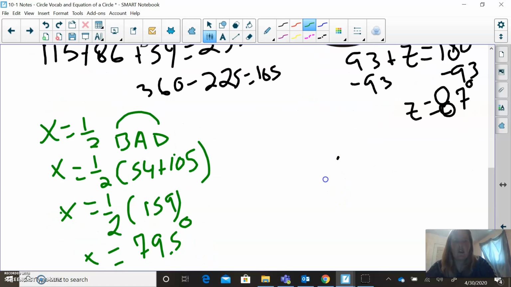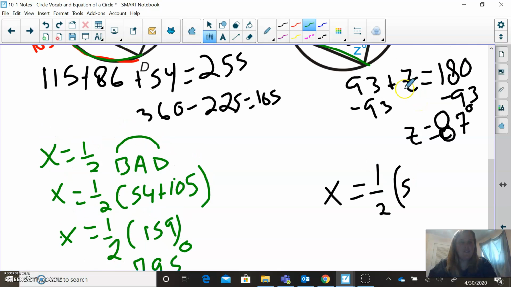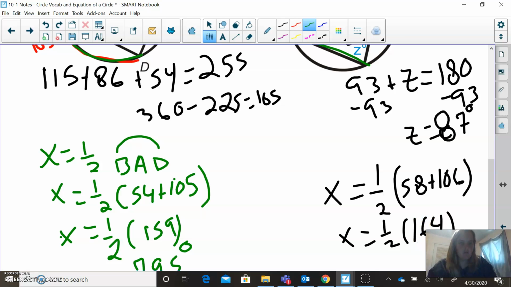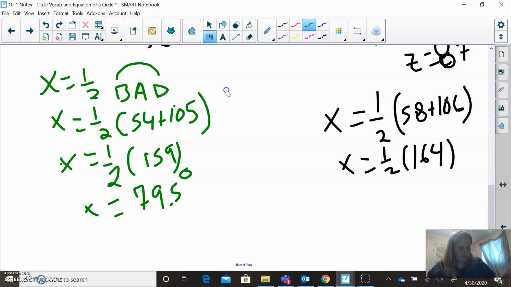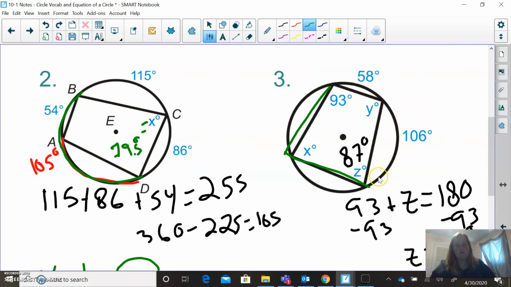So x is equal to 1/2 of 58 plus 106. So x is equal to 1/2 of 164. Okay. And half of 164 is 82. So x is equal to 82 degrees.